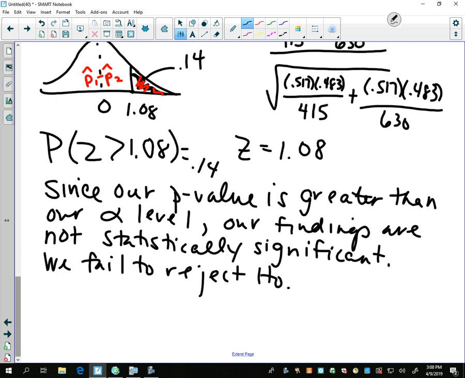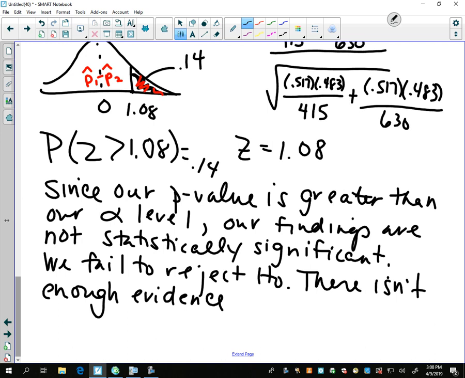Now, what does this mean in context? Well, what this means in context is that there isn't enough evidence to support or to show, either one.